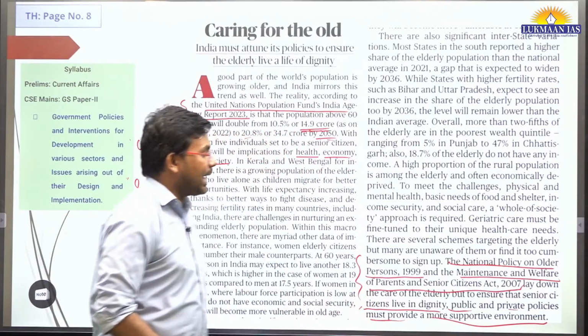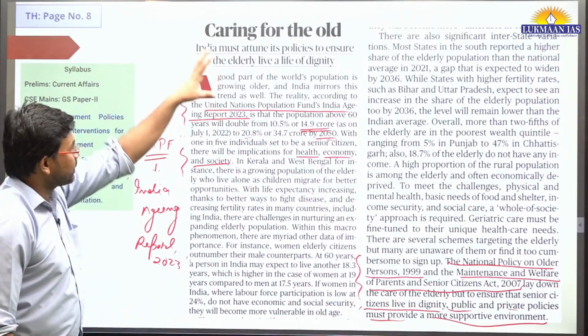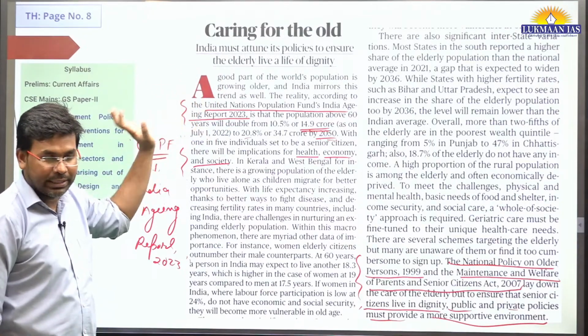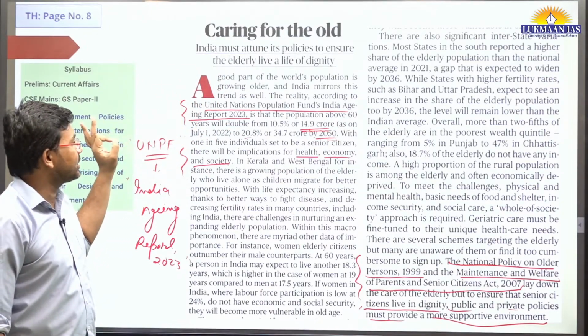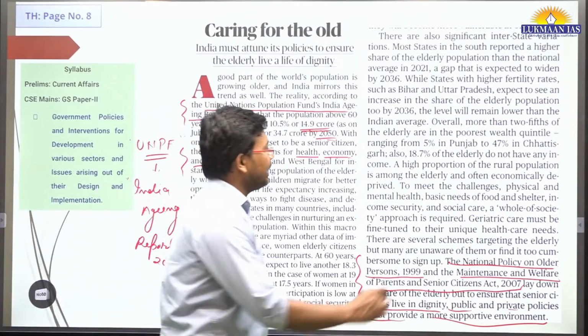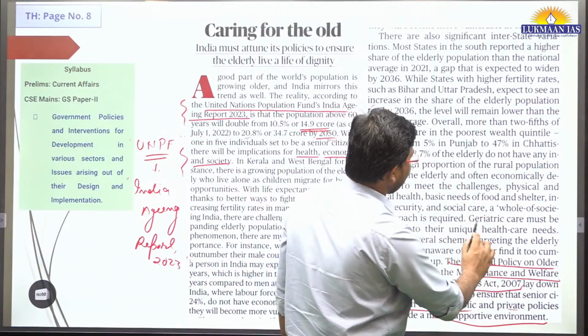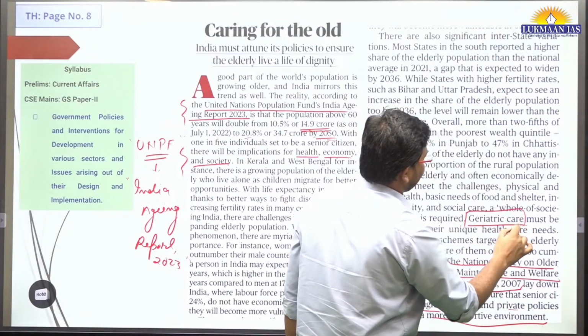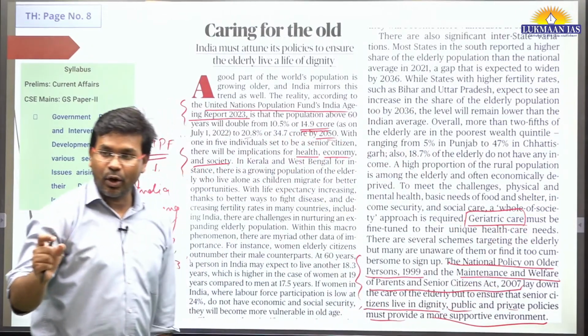So this article has been written with reference to this report published by the United Nations Population Fund, the India Aging Report, and here they have mentioned geriatric care. Geriatric care means care of the elderly people.